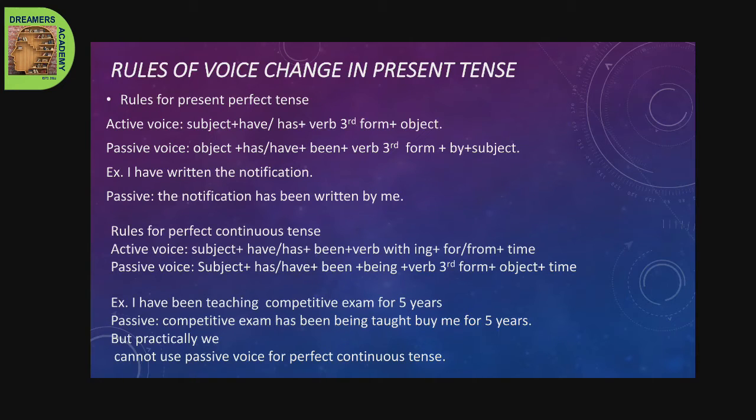I have been teaching competitive exam for 5 years. The passive voice will be: a competitive exam has been being taught by me for 5 years. Here, rectify the spelling of by.